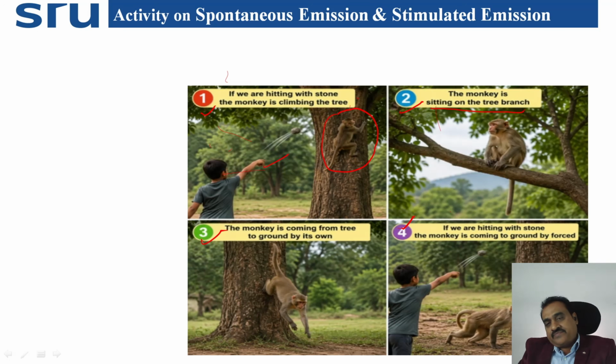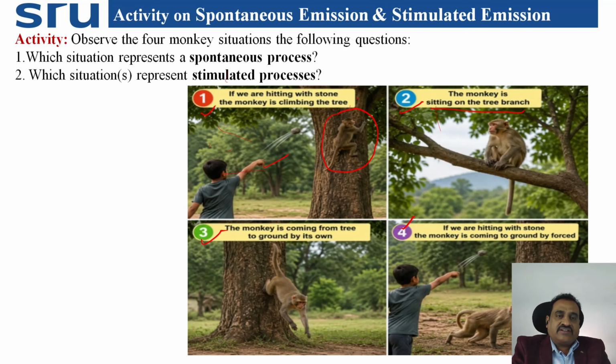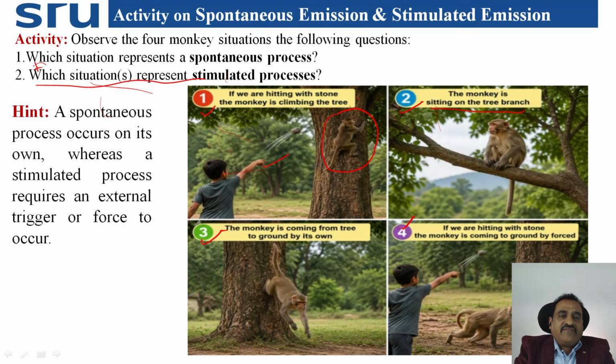For example, if the monkey moves down from the tree on its own, we can compare that with a spontaneous process. You can observe here, first question, which situation represents a spontaneous process and which situation represents stimulated emission. I am giving a hint also.